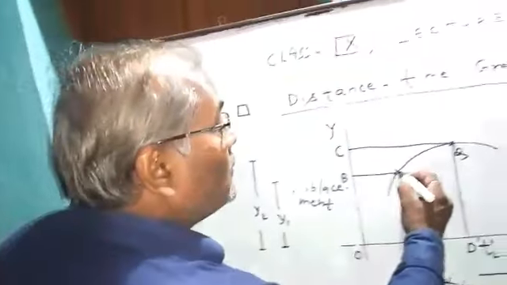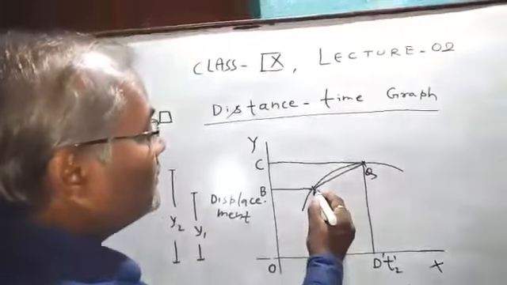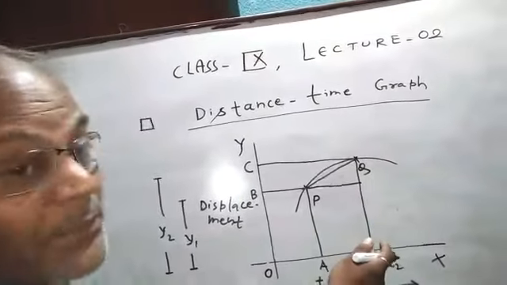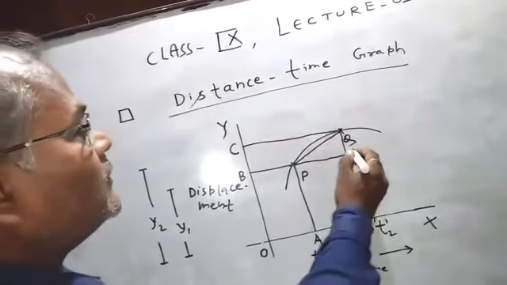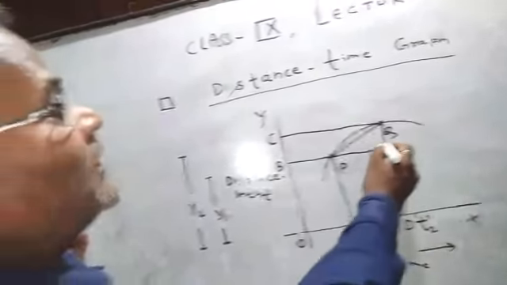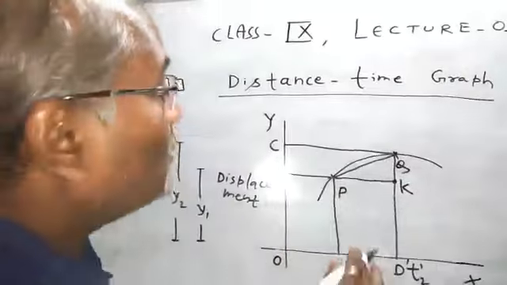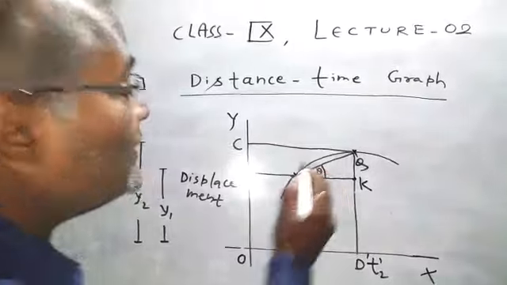Then we draw the shortest line between points P and Q, and again a line is drawn perpendicular to the line QD. Let us suppose it meets at point K. In this triangle PQK, and this is very important, let us suppose the angle is theta.